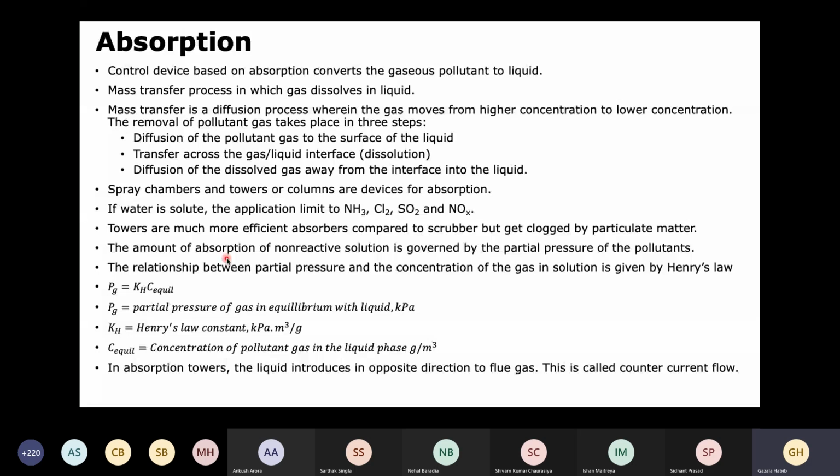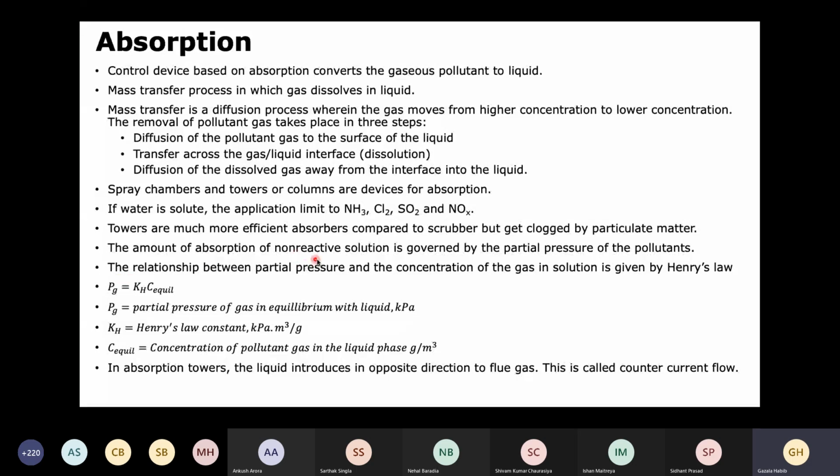That combination is also used. So first you can use the scrubber or absorption tower, and then the gas coming out from the absorption tower can be passed through a cyclone or bag house filter to remove the particles. That combination of control devices can also be used.